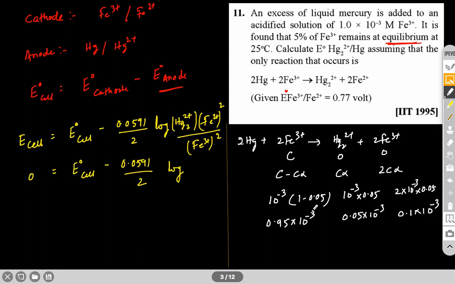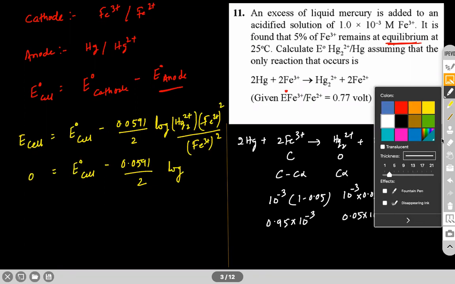Okay. Now we'll find out this concentration we have already. We'll substitute this and we'll get the answer. One more thing you see here. One thing we must write. Just one small correction here.